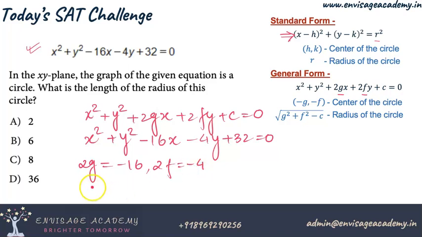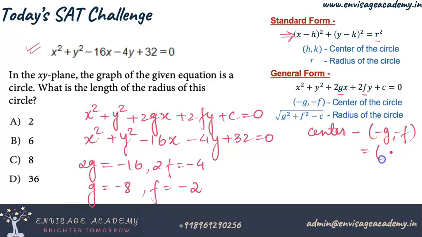So we can say that we get g to be minus 8 and f as minus 2. The question doesn't ask about the value of the center, but I'll still go ahead and tell you the center of the circle in this scenario is going to be minus g comma minus f, which will be 8 comma plus 2.